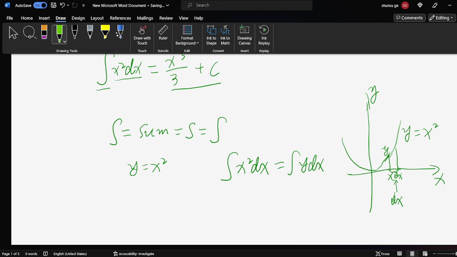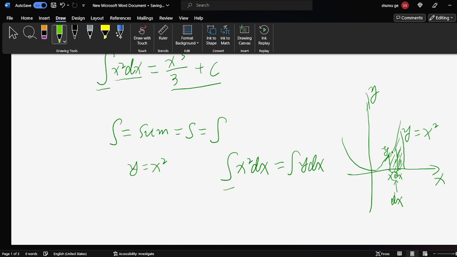So dx times y, we take a middle part, so we get a square. For example, below this graph, and this side, and the x-axis, this area is here.